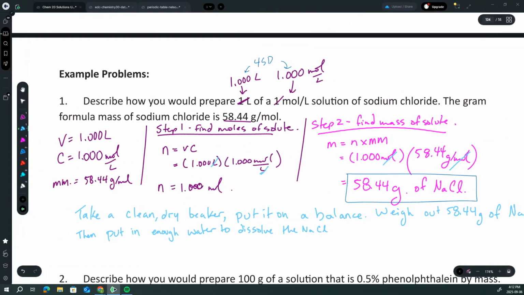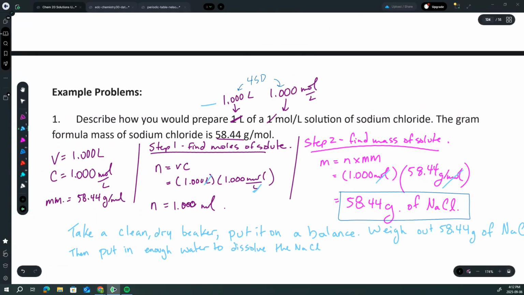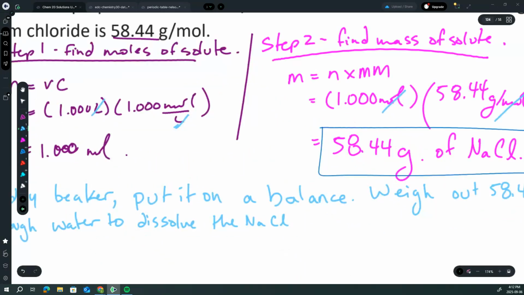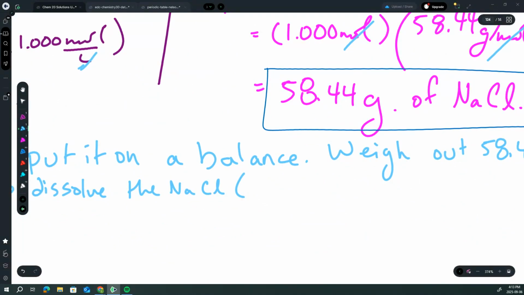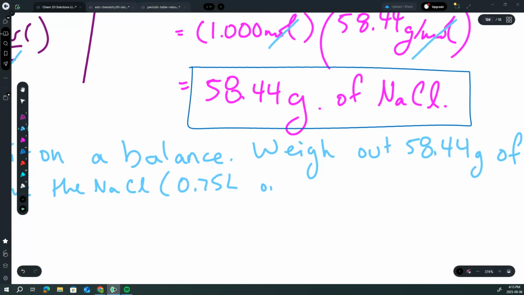However, we wouldn't want to use 1 liter of water because we've got to make sure that we don't overfill our volumetric flask. So I'm going to say 0.75 liters or less.